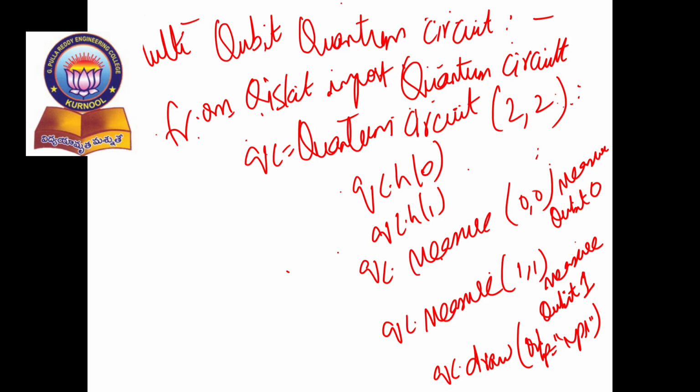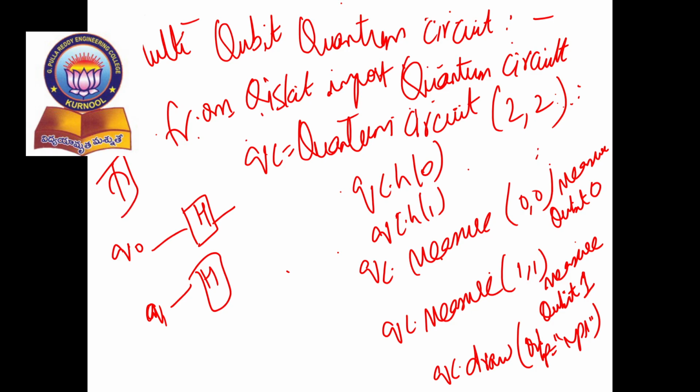Here we are using 2 qubits, Q0 and Q1, which use the H gate. Again on the first qubit we are also using the H gate. We are using the measure function, so we'll get this particular symbol, which is for the measurement. In the code we have written 0, 0 and also 1, 1.